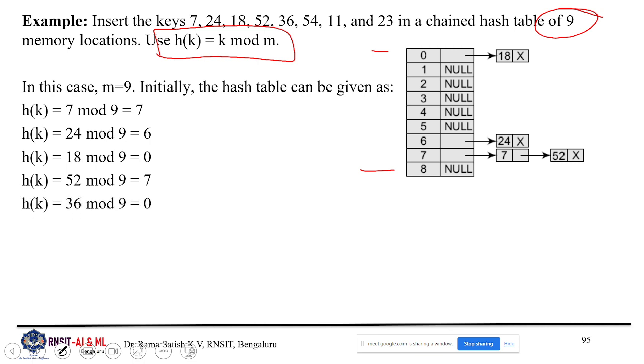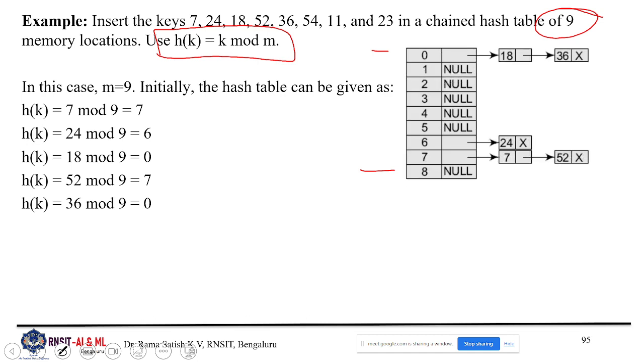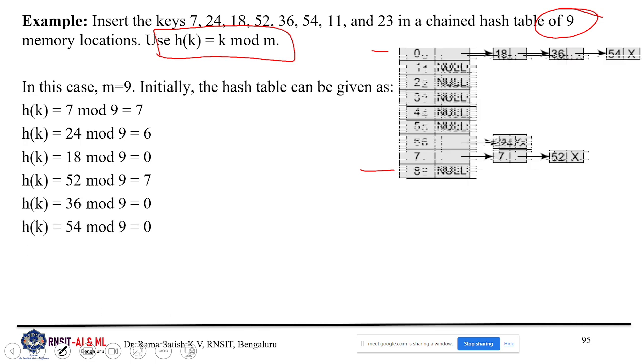Next 36. 36 again results in 0. So it will create this collision, which can be resolved using chaining, that is a linked list chain. Similarly, 54 modulus 9 is 0. So it will create one more chain. Yes, very simple.